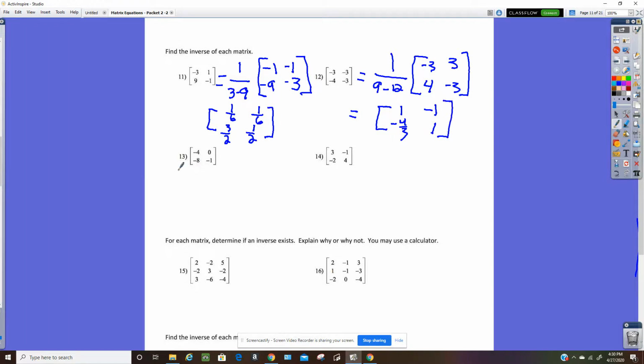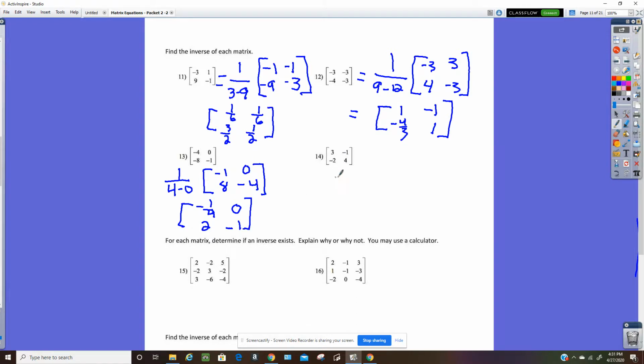This one, 1 over 4 minus 0, and then negative 1, negative 4, opposite of 8, and then opposite of 0 there is not 1. So negative 1/4, 0, 2, and negative 1.